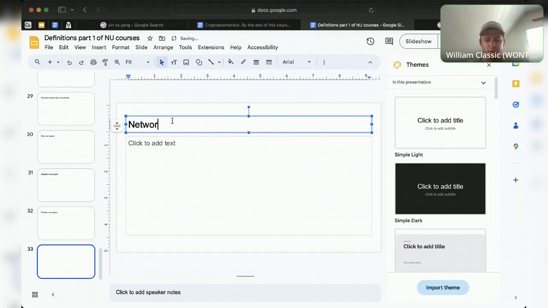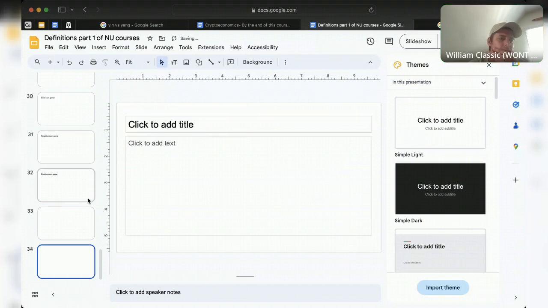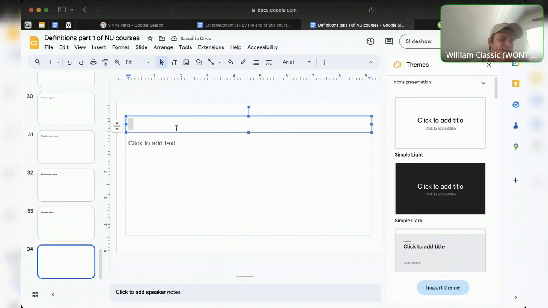Network effect. Oh, a Schelling point. Some game theory terms. Oh yeah, moral hazard, adverse selection.